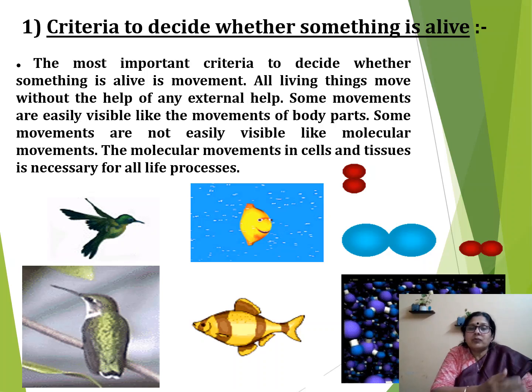Animals can move from one place to another, but plants cannot move because they are stationary, or they are fixed in a place. But they also exhibit life activities such as growth and development. The growth of the root, growth of the stem, the growth of the flowers, all these are the life processes they are exhibiting. But animals can move from one place to another.